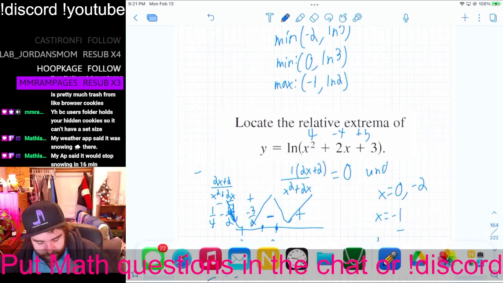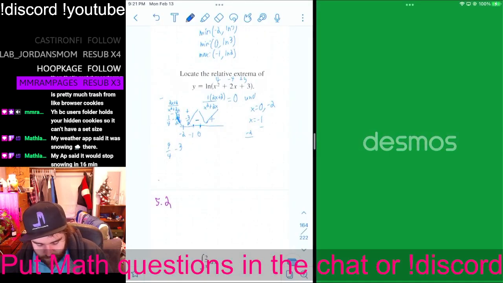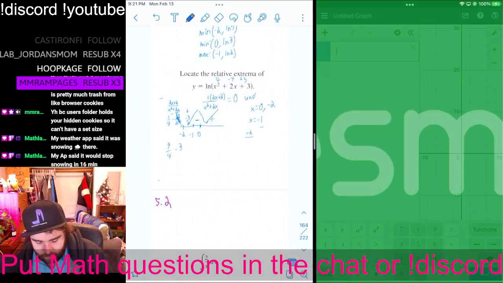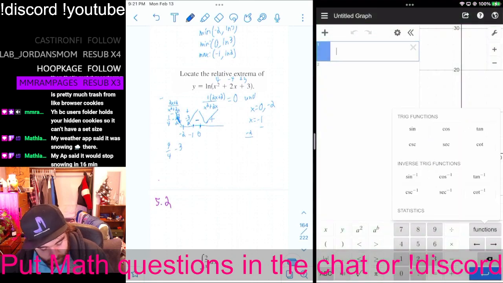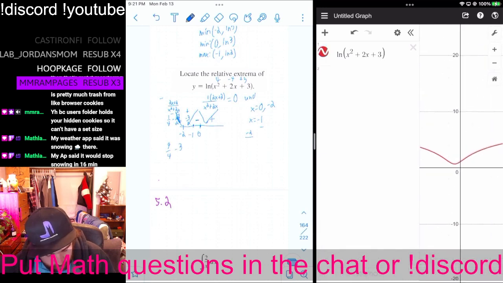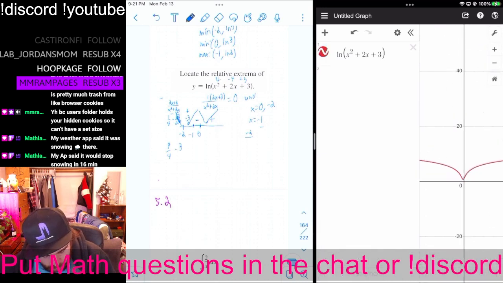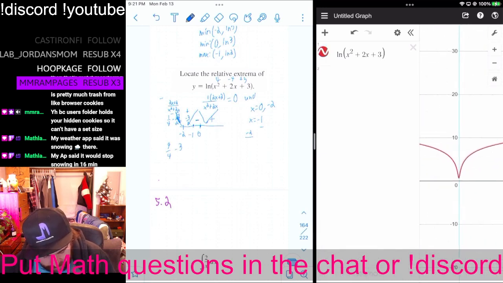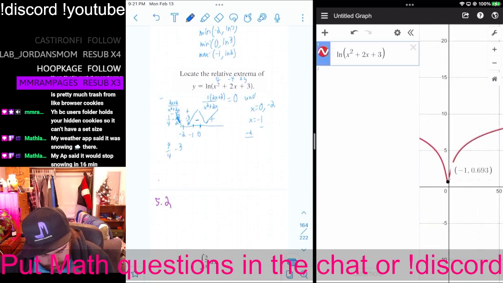What does this even look like? Is this going to be subtle? Ln of x squared plus 2x plus 3. That doesn't look like it has any maximums.